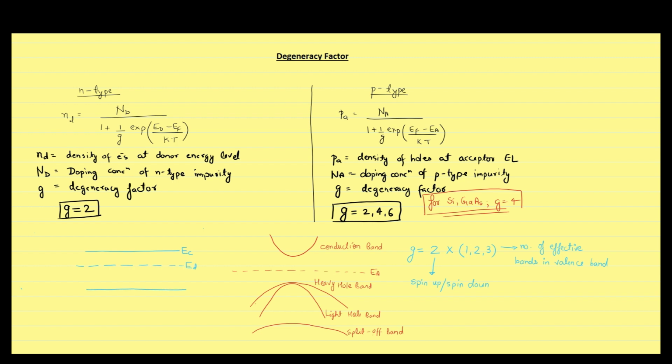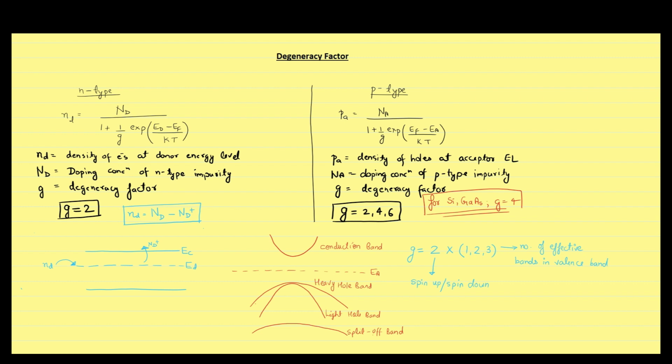Now another expression which can be written for the density of electrons present at donor energy level is nd, which is equal to Nd minus Nd plus. What does this mean?